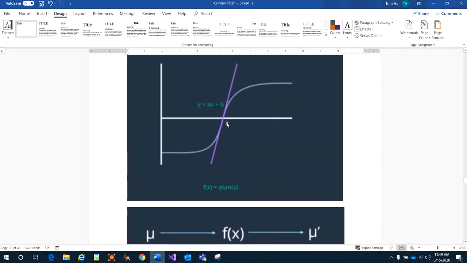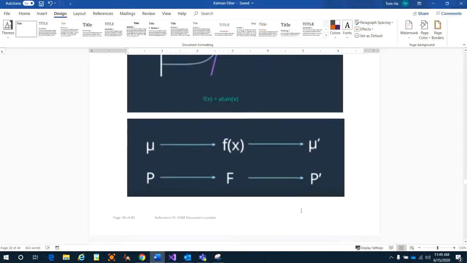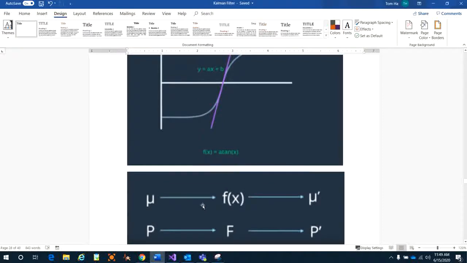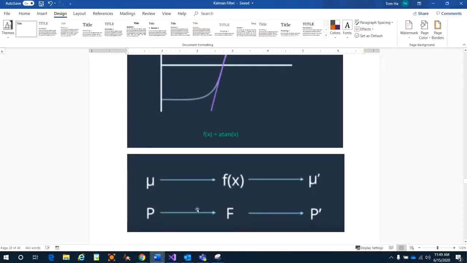From that we can apply the function f to the mean to get mu prime, and for the covariance we use another function. In another way, we use the linear approximation of the function to get the covariance update.